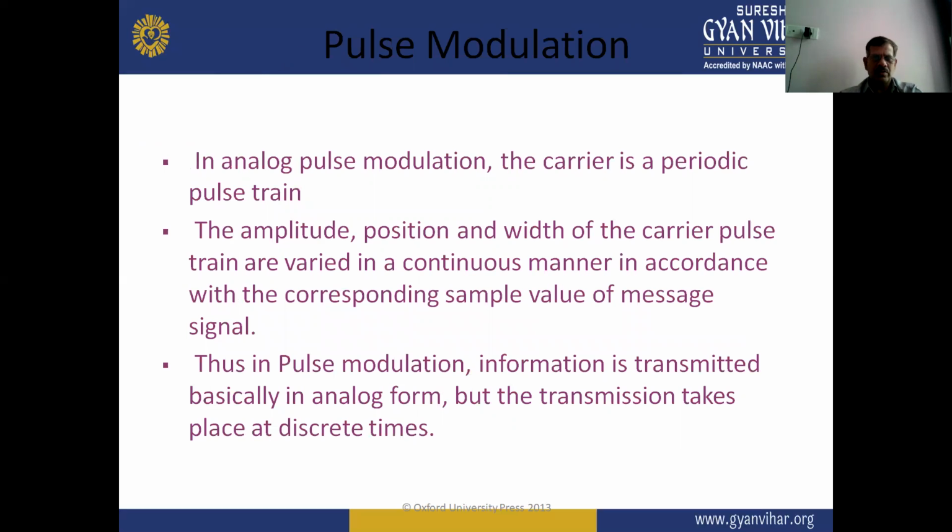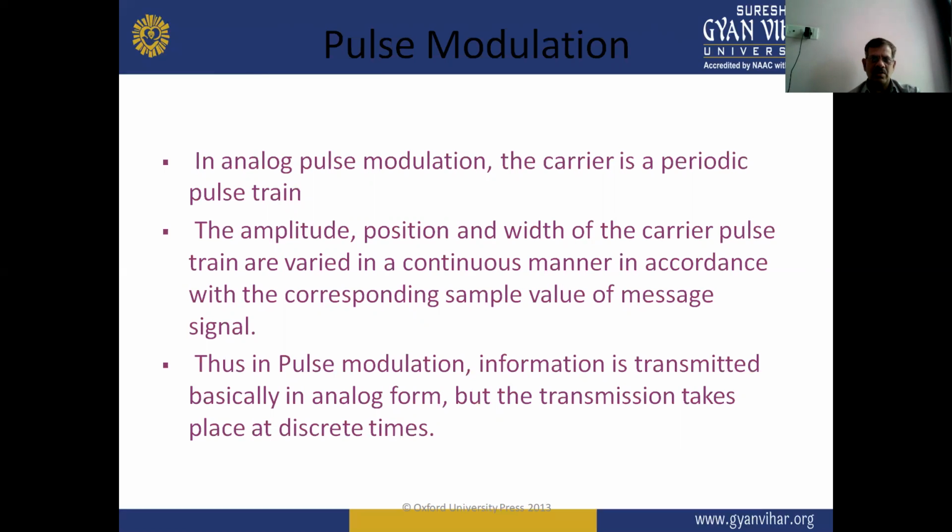Next one is pulse modulation. That is another type of modulation, a digital type of modulation. In analog pulse modulation, the carrier is a periodic pulse train.